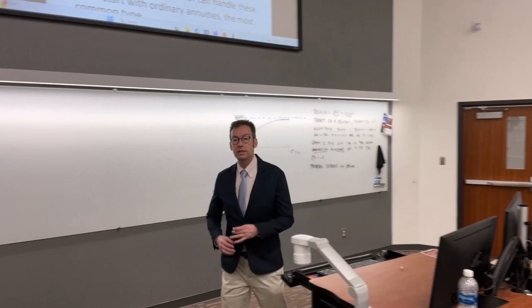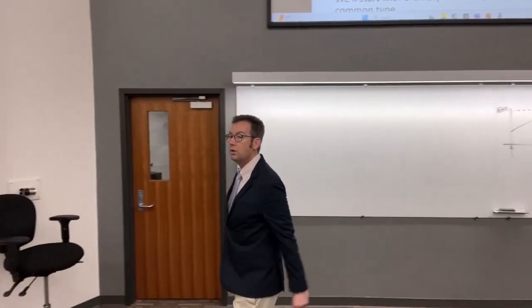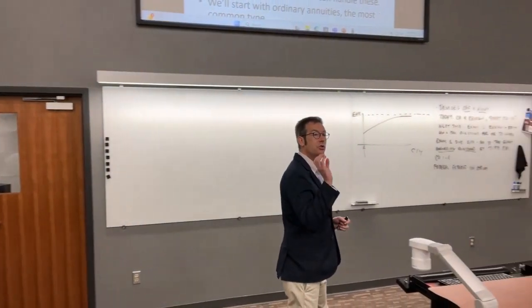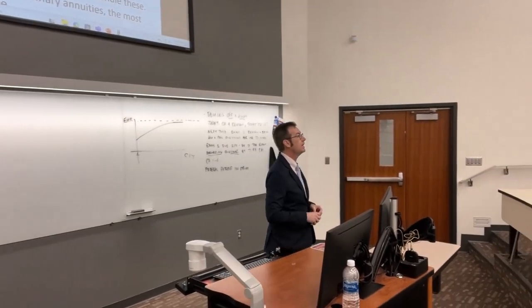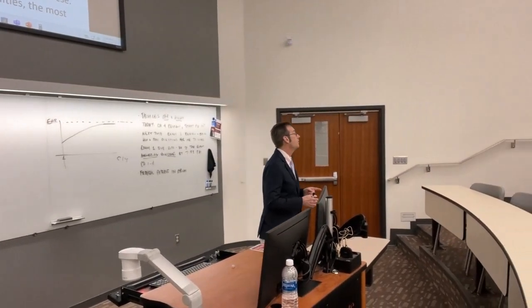Okay, we already talked about that. Now let's talk about annuities. How are annuities different than perpetuities? Well, an annuity only goes on for a certain amount of time. In the traditional, very beginning way that we talk about annuities, it's for a set number of periods.